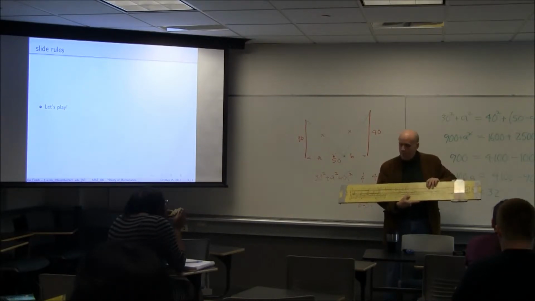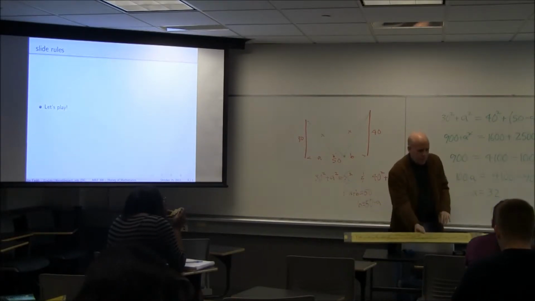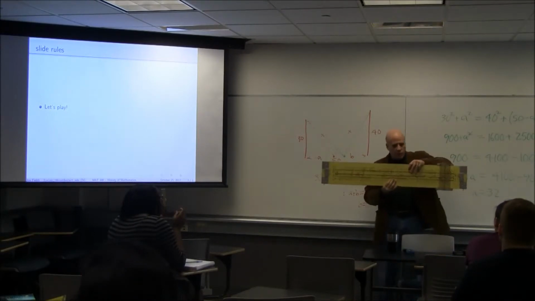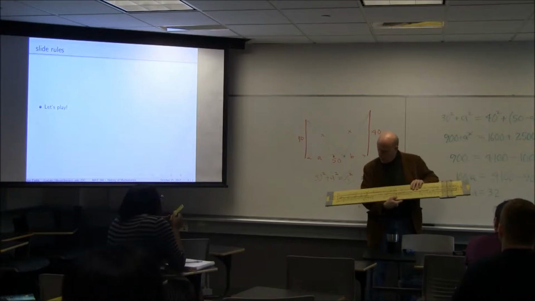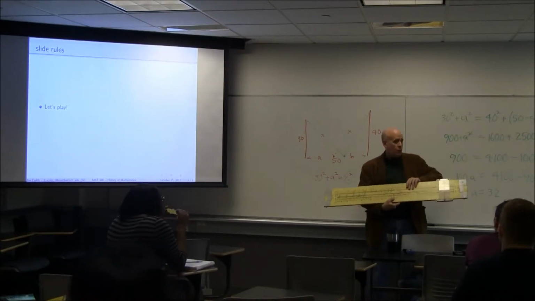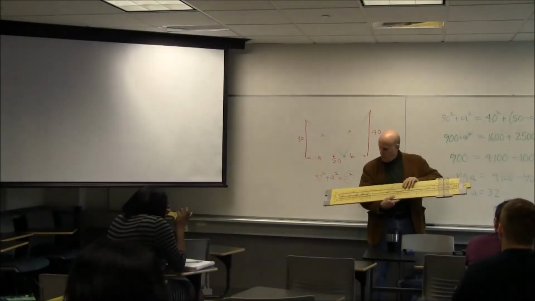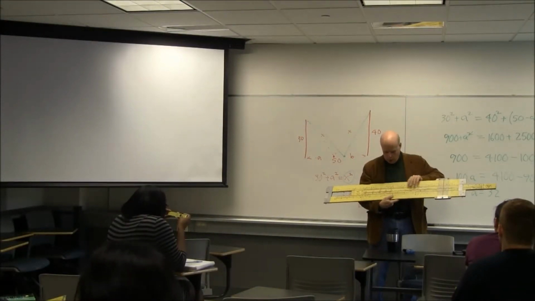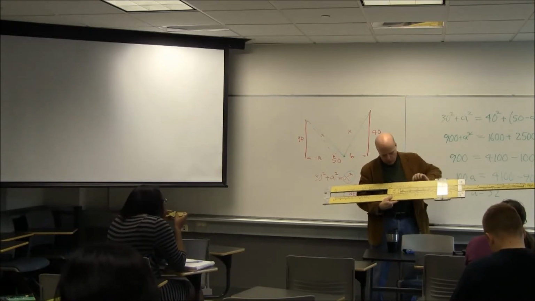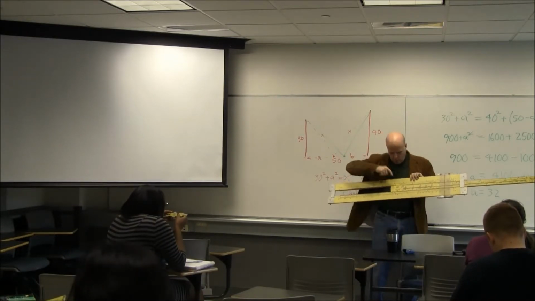I was going to say we could do this up there, but we can live with this. I want to set up the length 12.4 on the slide. So what I'm going to do is slide the rule down until I bring the beginning of this B scale past the 10.